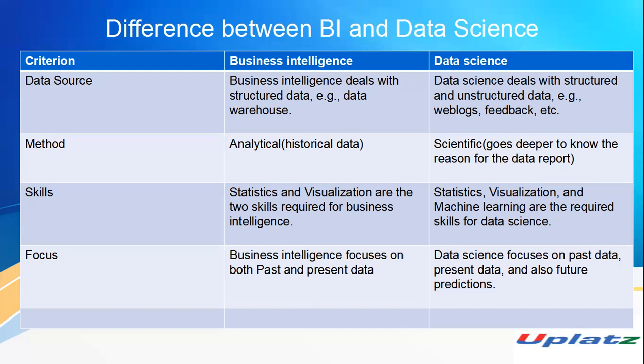But in data science, along with statistics and visualization, we also need machine learning skills. Then focus. Business intelligence focuses on both present and past data, whereas data science focuses on past data, present data, and also works on future predictions. So that's the main thing of data science. Have a look at the differences between the two technologies.